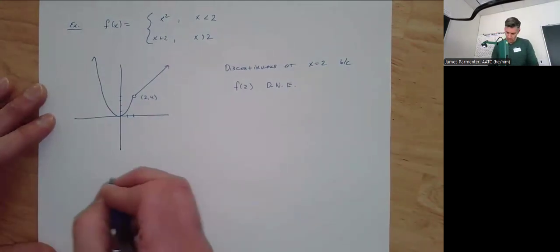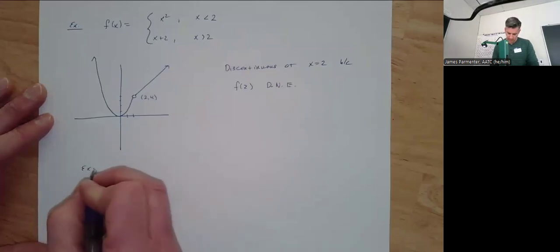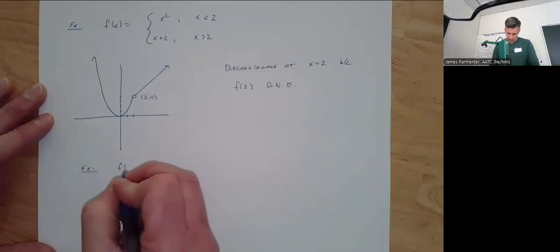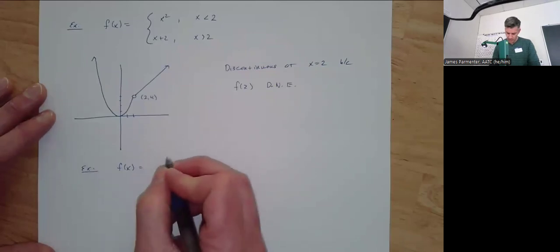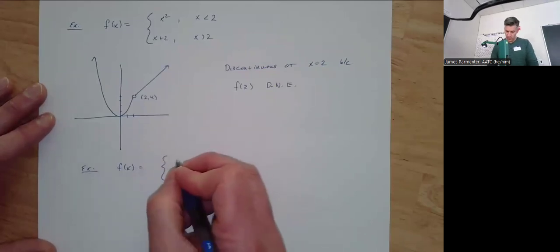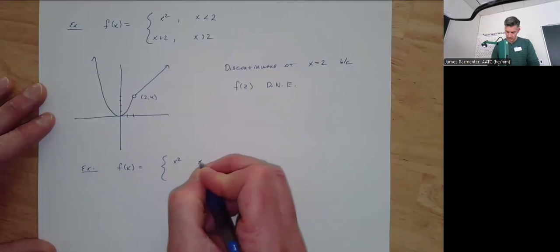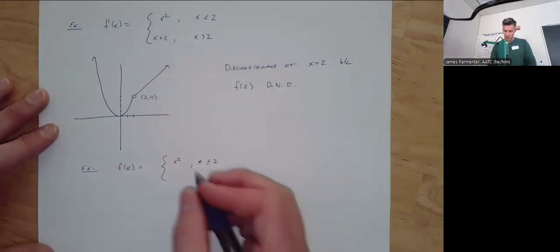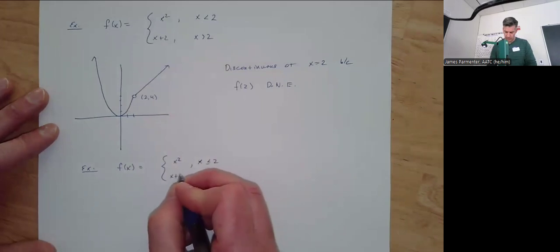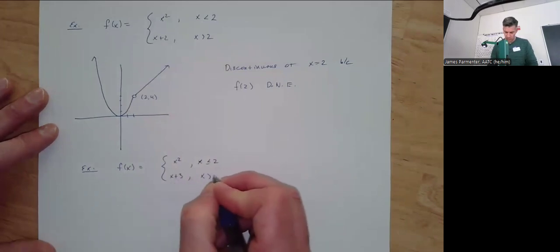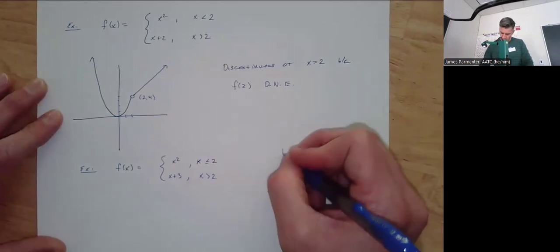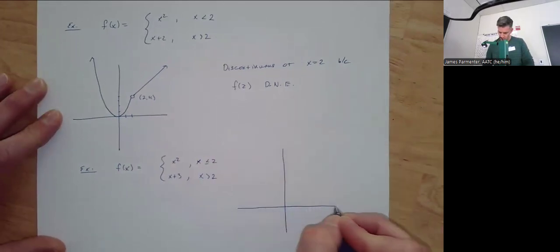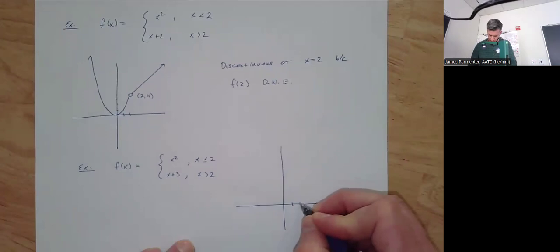So let's say we had another example that was almost the same function, f of x equal to x squared when x is less than or equal to 2. But instead of being x plus 2, it's going to be shifted up by 1. It's going to be x plus 3 when x is larger than 2. So similar graphical thing going on here. We're interested in what's happening at 2.